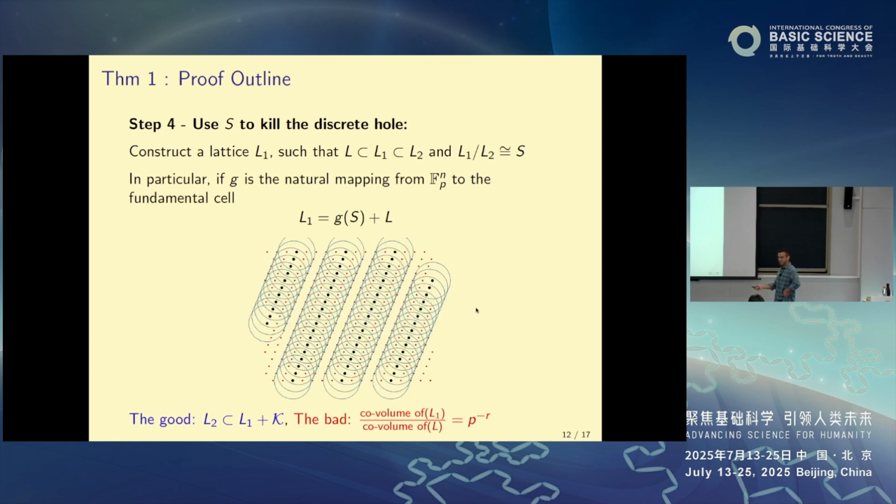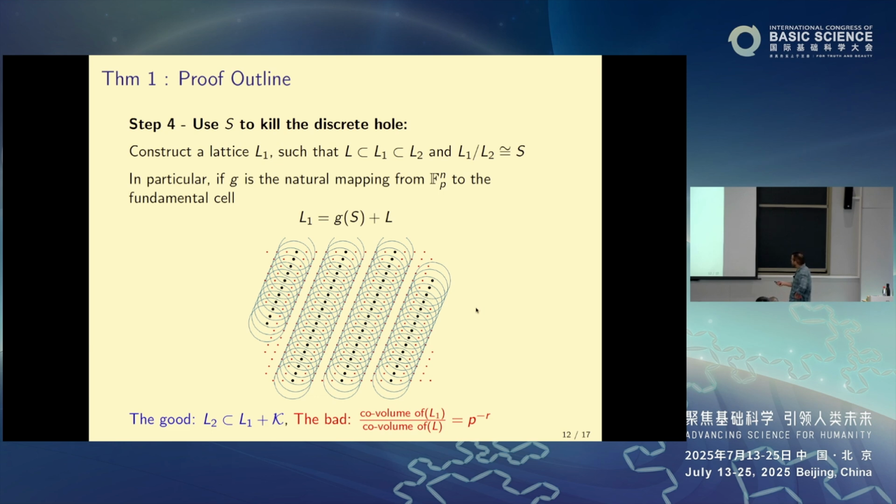What is good about this new lattice? Well, I chose S in a way that will guarantee that once I add this to my lattice, all red points are covered. Maybe in the figure you see that some of them are not covered, but this is just because I didn't continue the lattice enough, right? So all points are covered. You can see this. So this is good.